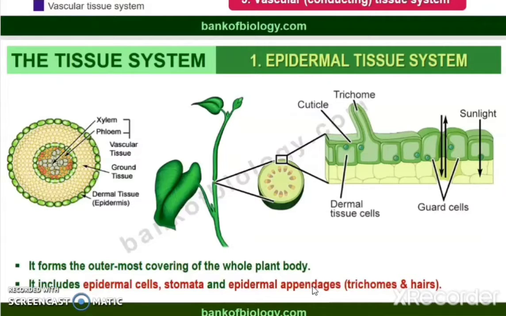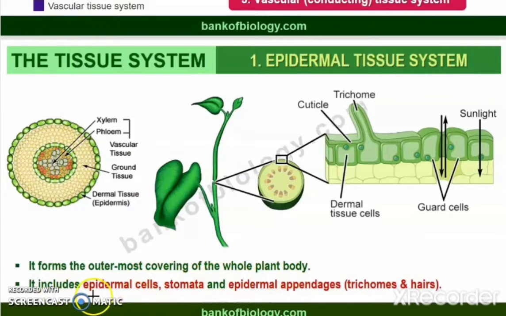When we say whole plant body, if you take the entire plant body, we are able to find this outermost covering as the epidermal tissue system. Okay, and what does this epidermal tissue system include? It includes the epidermal cells. So this epidermal tissue system is the outermost covering of the whole plant body. And what is this epidermal tissue system made up of?